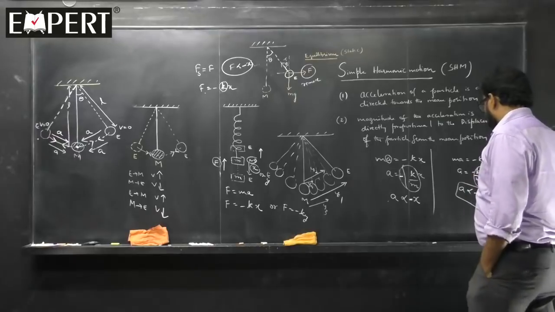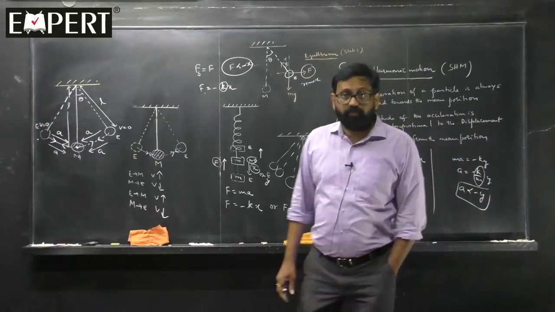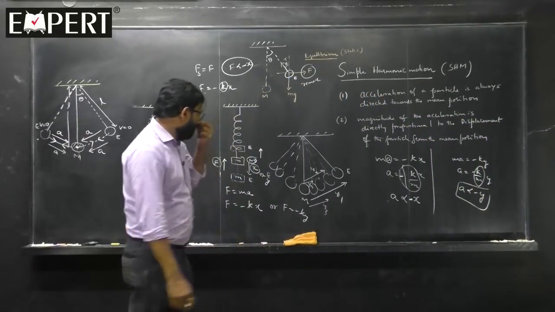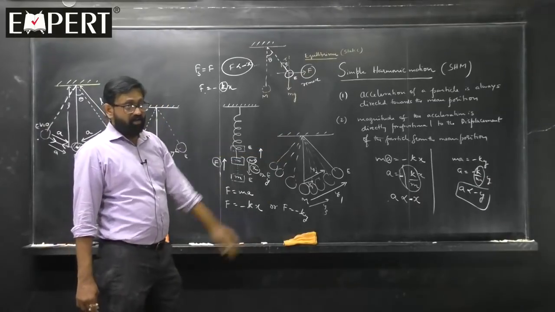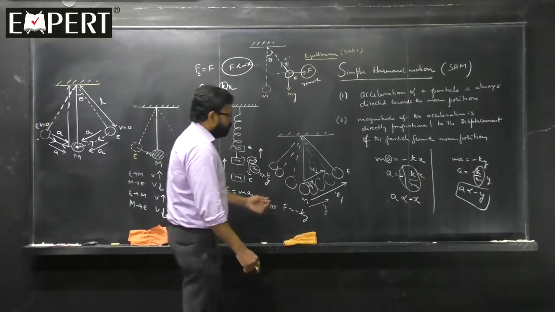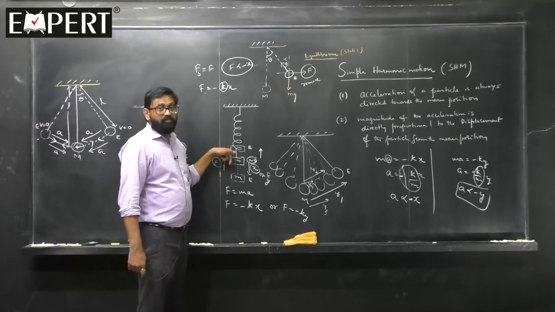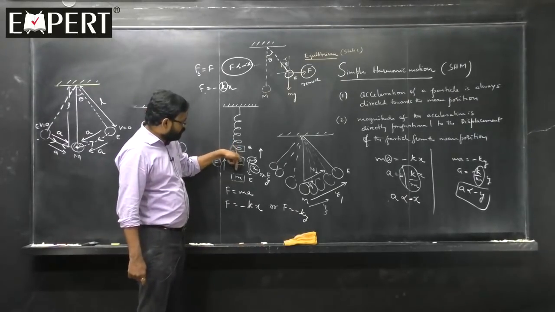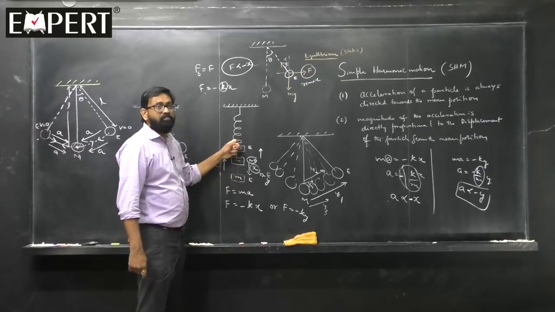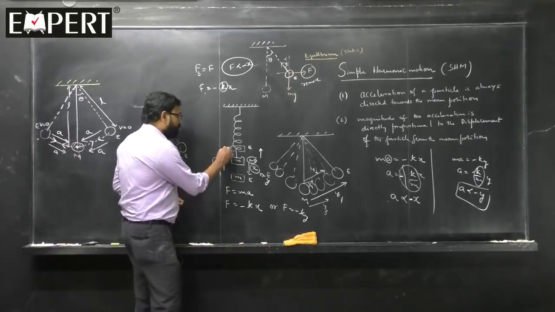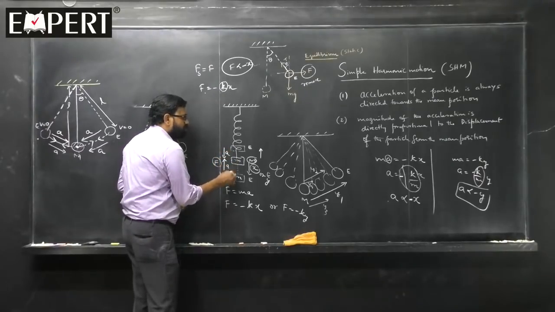Now here we want to understand how a and y are in opposite direction. What is the direction of displacement always? From the mean position to the new position. But acceleration is always directed towards the mean position only.